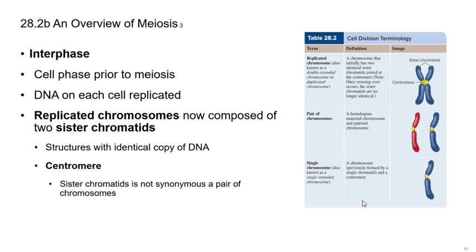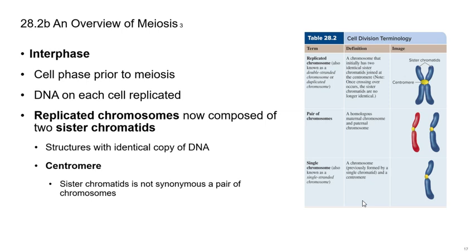Okay, so first thing is a replicated chromosome. A chromosome is a string of DNA, right? It's a strand of DNA, and so say you've got one strand. You take that one strand and you replicate it, you duplicate it, now you have a replicated chromosome.